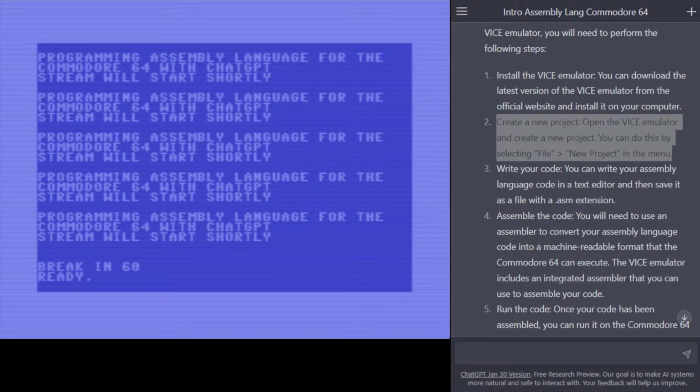Create a new project. Open the Vice emulator and create a new project. You can do this by selecting File, greater than New Project in the menu. So I do not see a new project, so I think this might be one of those times where ChatGPT is confidently wrong. It might be deriving that from other stuff where you have to set up your IDE, I would assume.